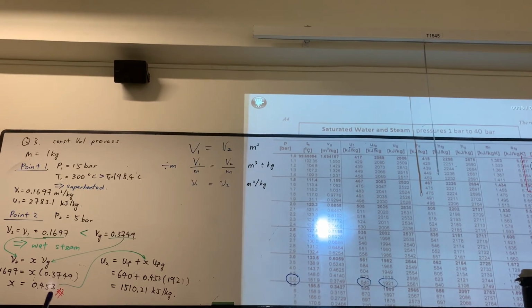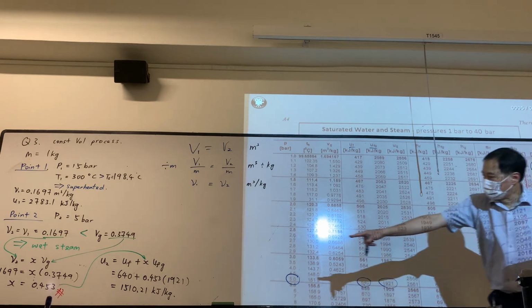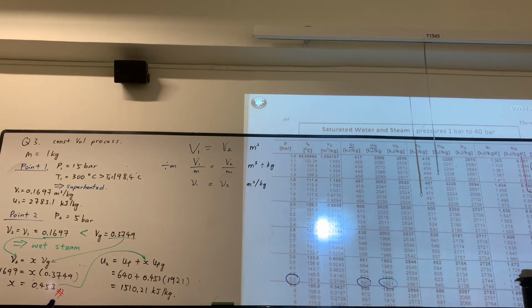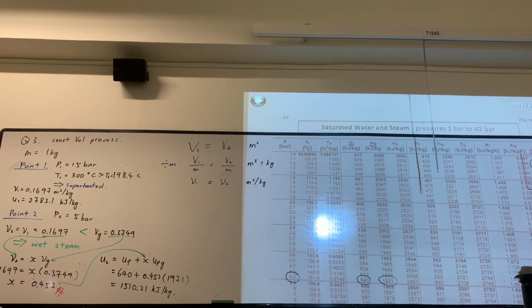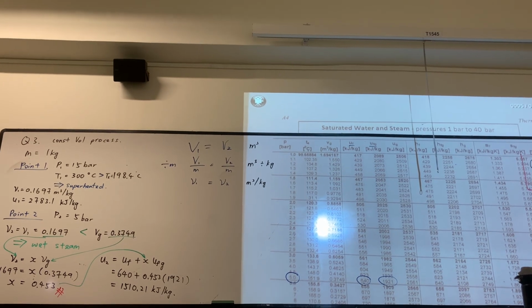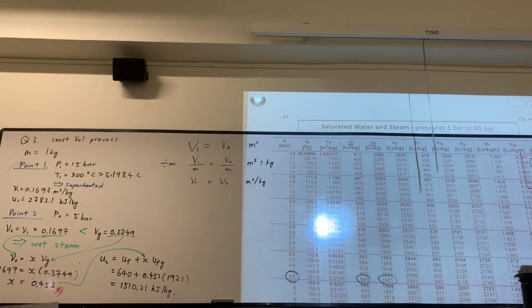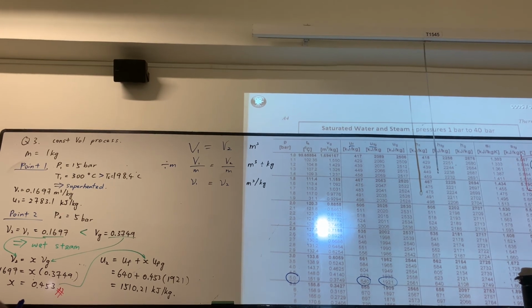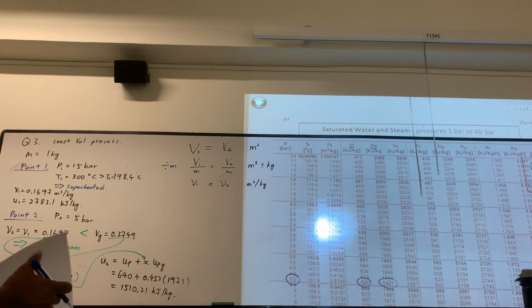My U2 is 1510.21, my U1 is 2783.1. So you calculate, and what you have is negative: 1272.89 kilojoule. That will be the answer.